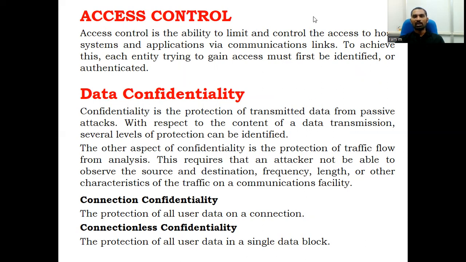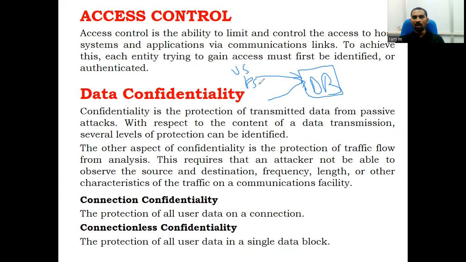Consider you have a database in your organization. Now, who are the people allowed to access this database? All the employees who are working in the organization are allowed to access this database. This is access control. How are they going to use this database? By using the username given to them and their password.